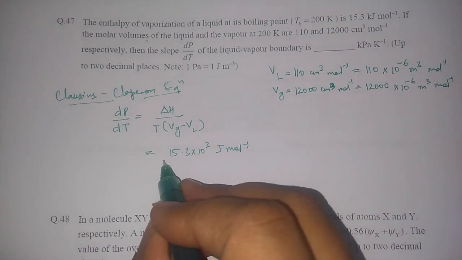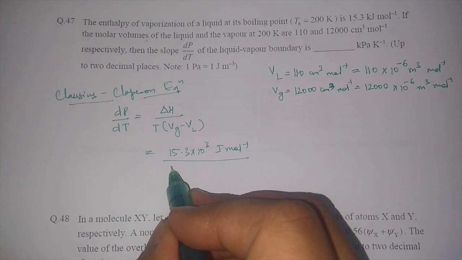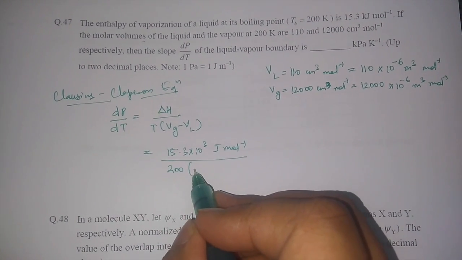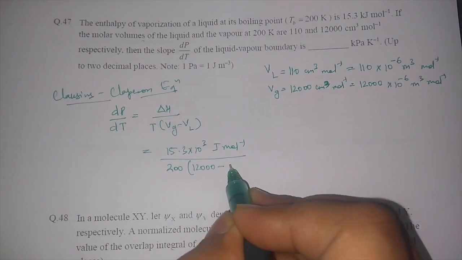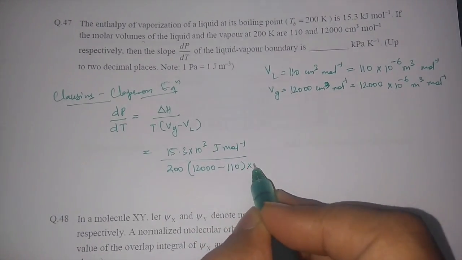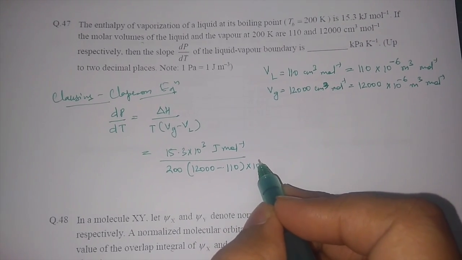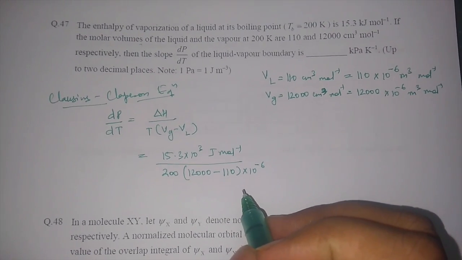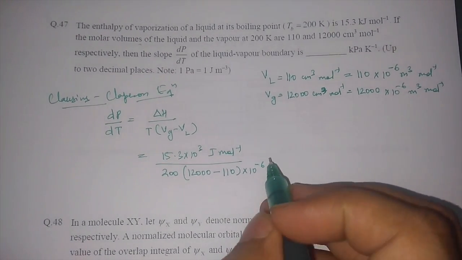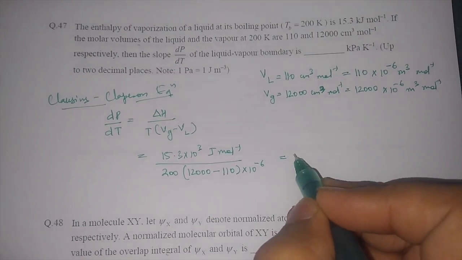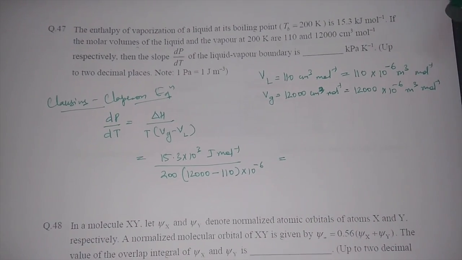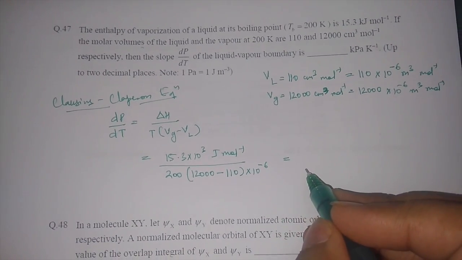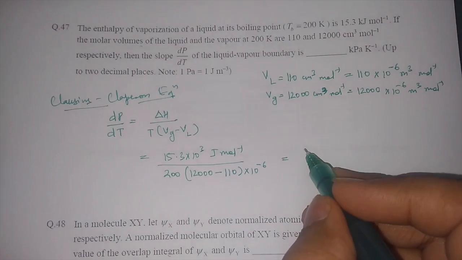In the denominator you will have T, that is 200 Kelvin, times (12,000 minus 110) into 10 to the power minus 6, which will be in meter cube per mole. Just calculate it out.